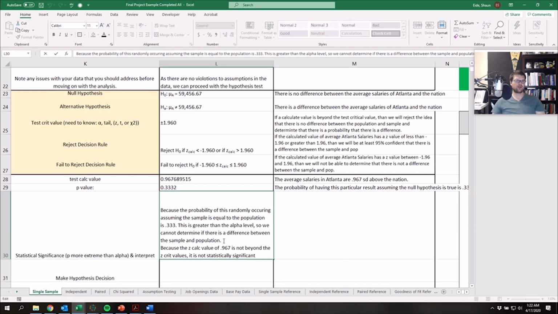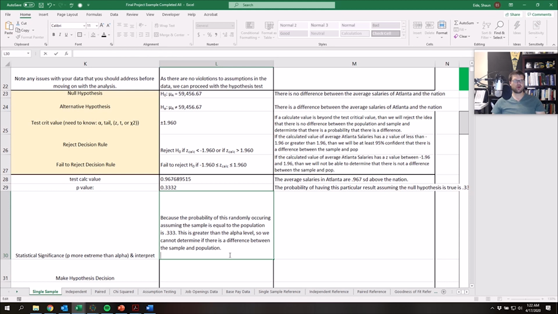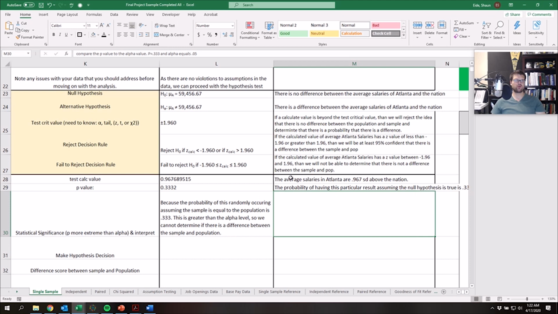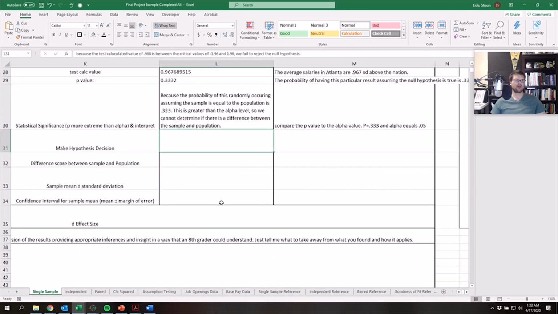To be honest though, you really don't need to do this one right here. The p-value will really suffice, so I'm actually going to just delete this. They both say pretty much the exact same thing, but the p-value is really what you should be using to determine statistical significance. Okay, and then make a hypothesis decision.